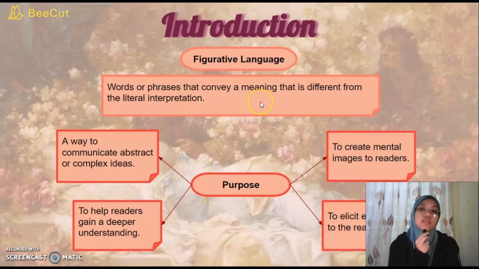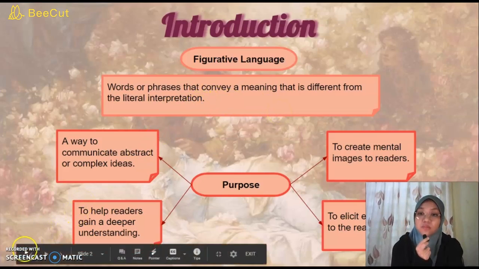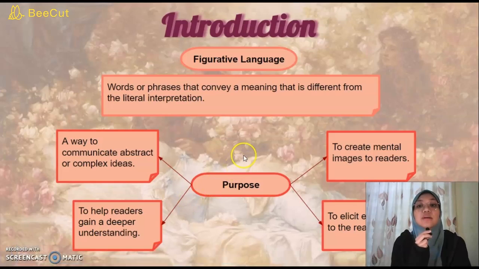Usually, figurative language requires the readers to understand some extra nuances or context in order for them to understand the hidden meaning or the second meaning of the words or any phrases or any expressions used by the poet in the poems. As we all know, there are many types of figurative language, including the literary devices that we are already familiar with, such as the simile, metaphor, personification, and many more.